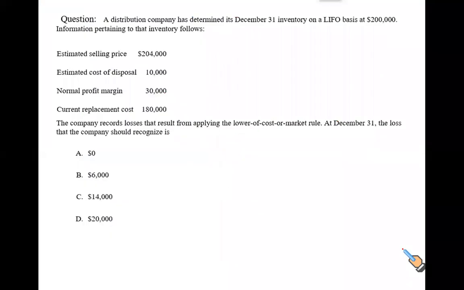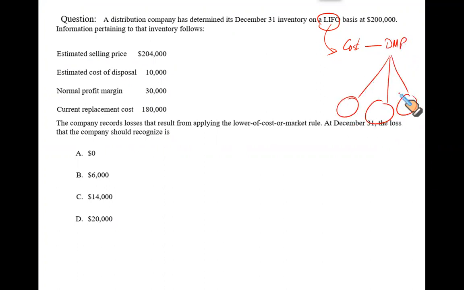Let us try this question. A distribution company has determined its December 31st inventory on a LIFO basis. Whenever you see the word LIFO, you immediately should recall the concept where you compare the cost versus the designated market price. And what is designated market price? It is the middle of these three circles. Let us apply this.